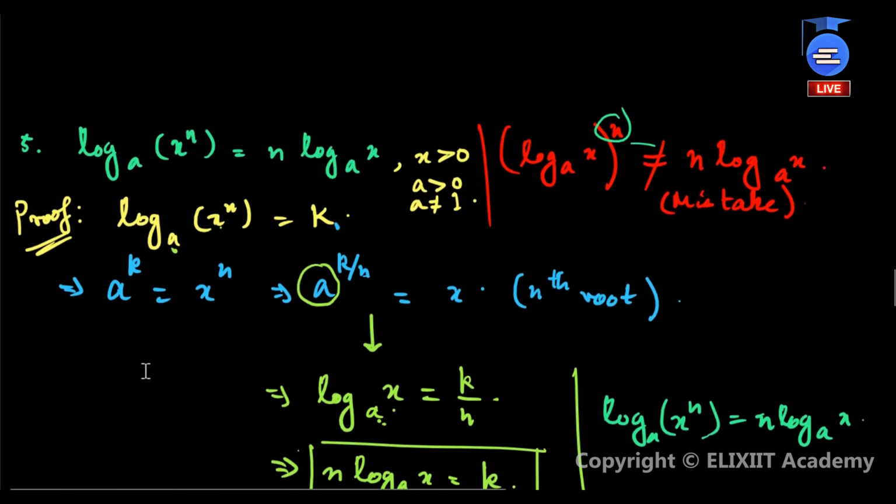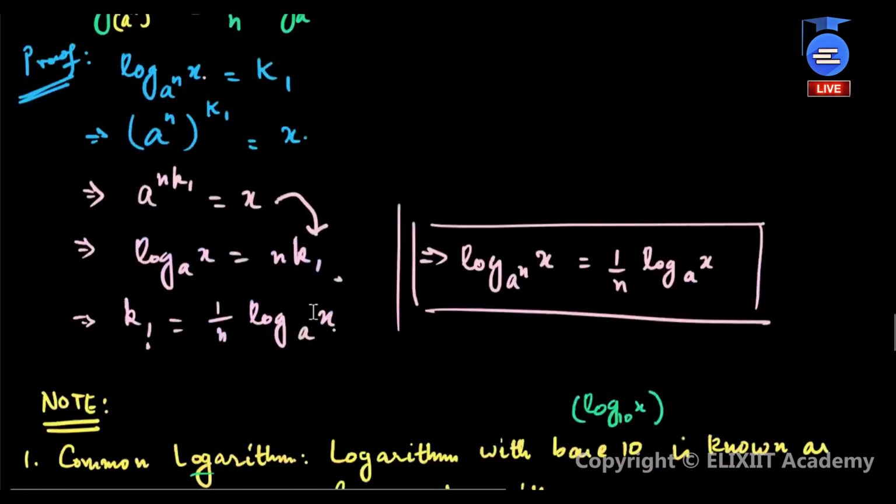Combining this sixth property and this fifth property, I'll combine the fifth property and sixth property. You have a combined property, but this is also once again not required. Special case, particular case, combining fifth and sixth property: you have log n to the power p, a to the power q.